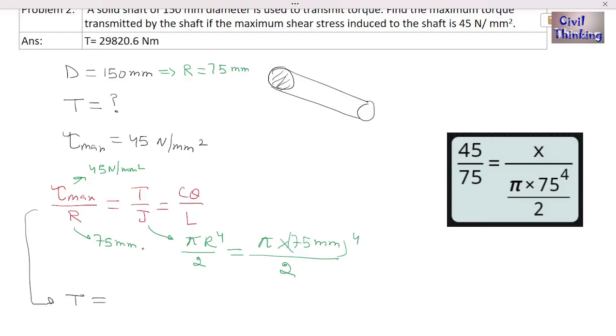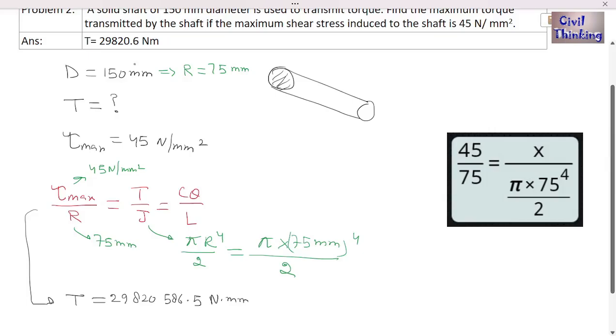Now from here, what do I get? I got the value of torque to be 29820586.5. Now what is going to be the unit? The length is in mm and the stress is in Newton per mm square, so we get it in Newton mm.